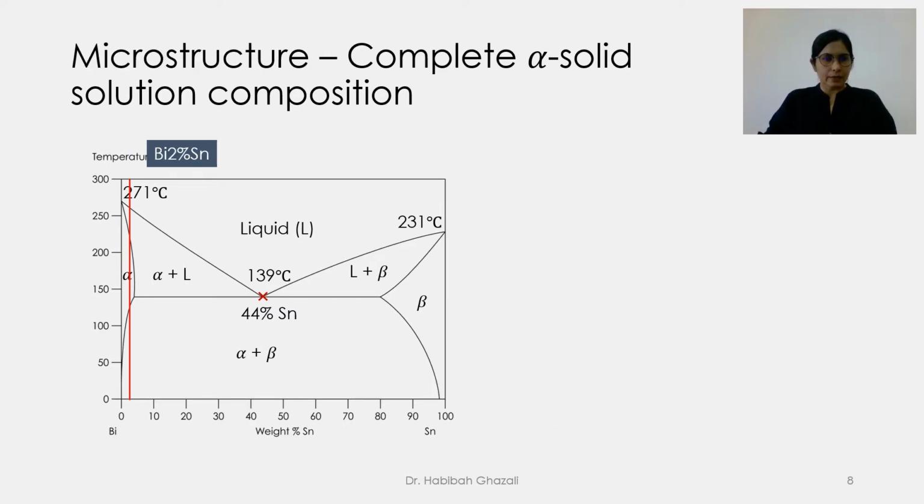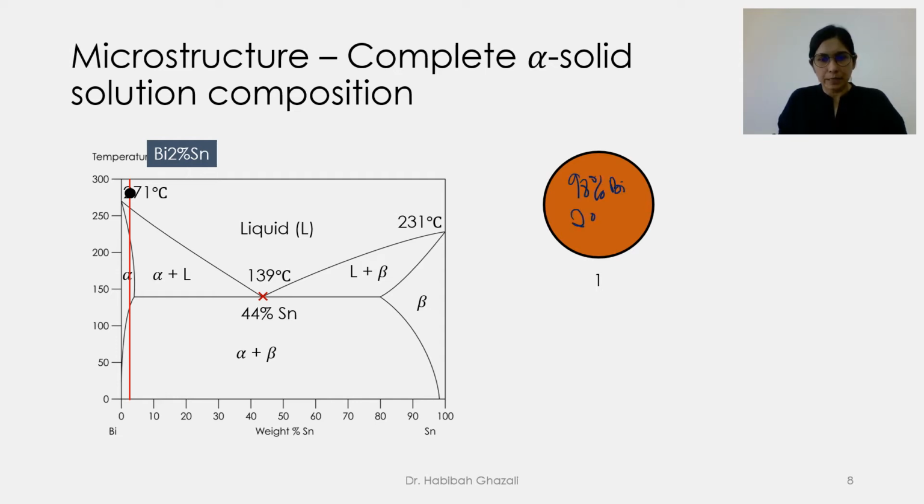In this section, I will explain how the microstructure transforms for this alloy. At this point here, above the liquidus line, everything will still be liquid. So your liquid consists of 98% of bismuth and 2% of tin. As soon as the temperature drops and reaches this point here, nuclei will start to form.